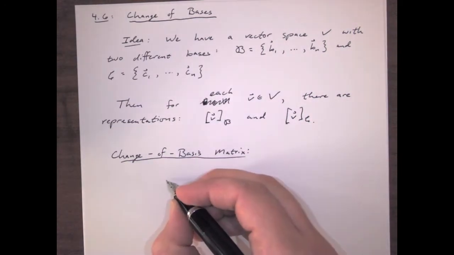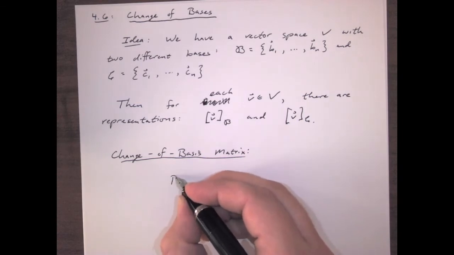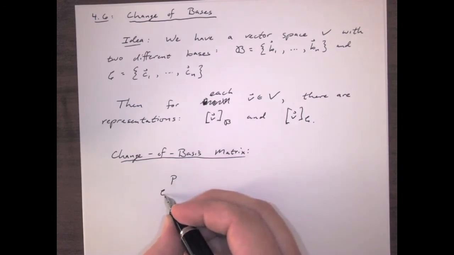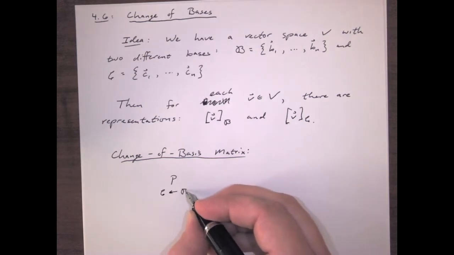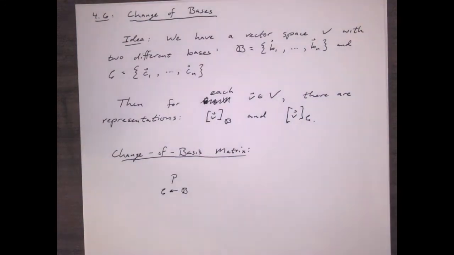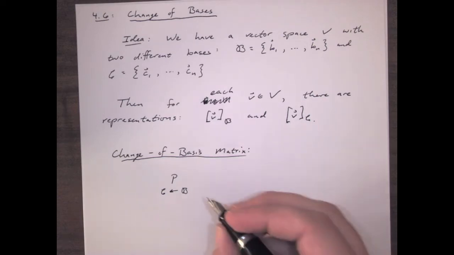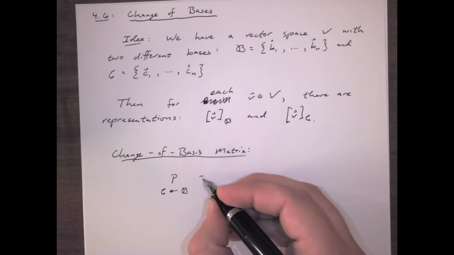We write it with a P, and we go from B to C, but we write it from right to left. There's a reason why we write it that way, which you may find a little bit counterintuitive. But this is the matrix that will actually accomplish the transformation between the two different bases.